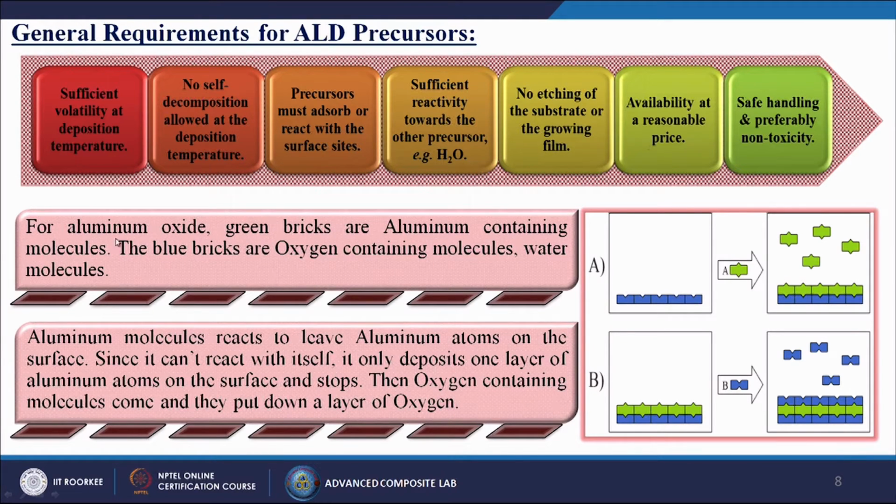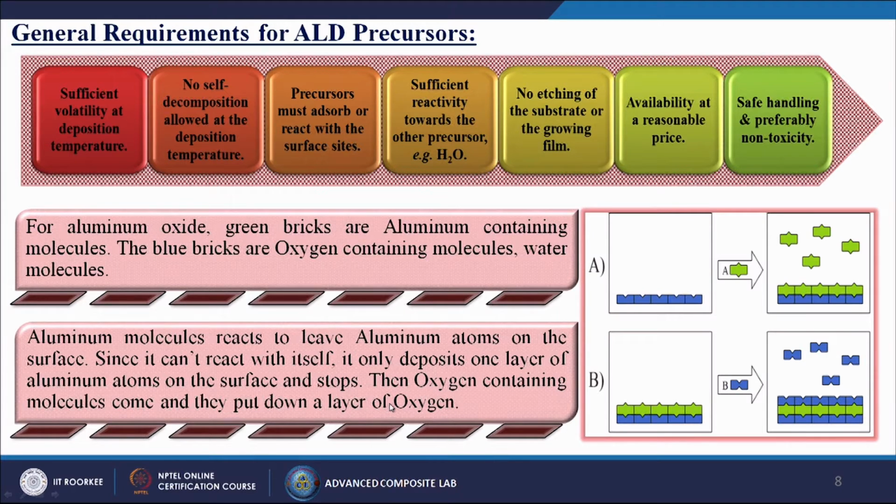So, for aluminum oxide, the green bricks are aluminum containing molecules, the blue bricks are oxygen containing molecules, or maybe the water molecules. When we put the A reactive gases over there, the aluminum attaches with the water molecules, then we have to introduce B once again.